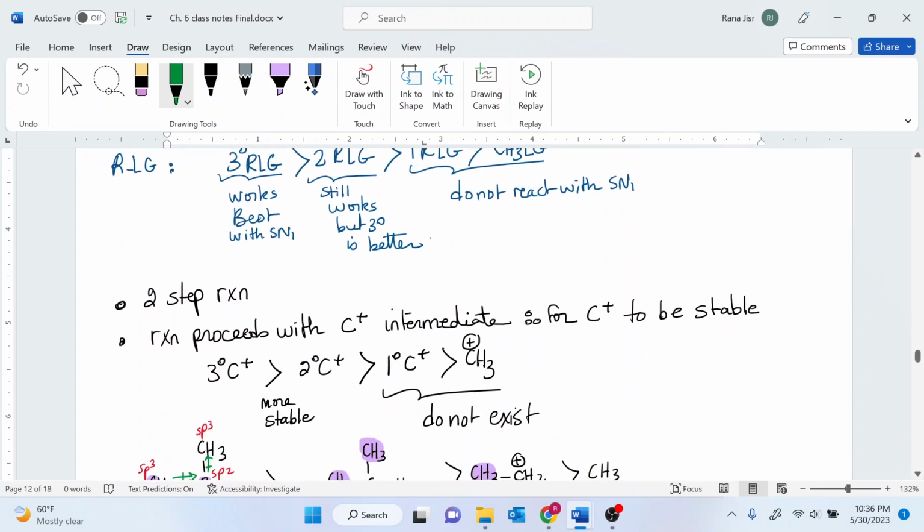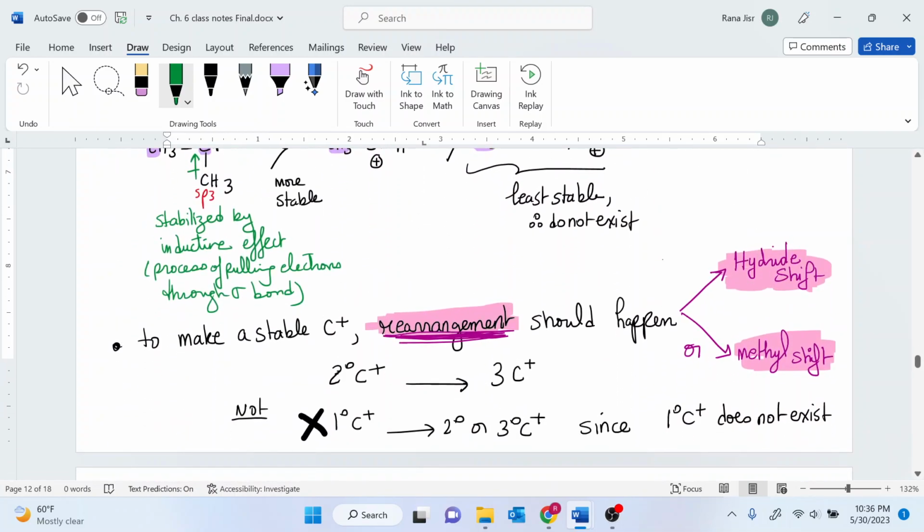So this is going to take us to a reaction which we call rearrangement that SN1 intermediates undergo. The intermediates are carbocations, and every time you form a carbocation in any organic reaction, whenever your intermediate is a carbocation, carbocations tend to rearrange and form a more stable carbocation.